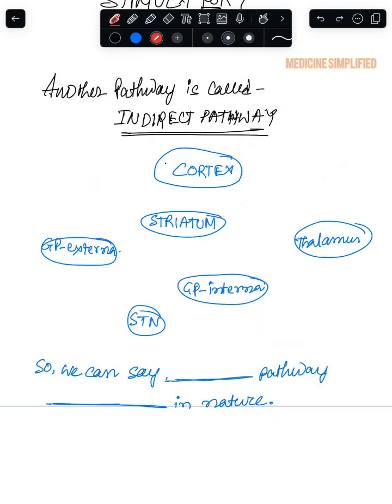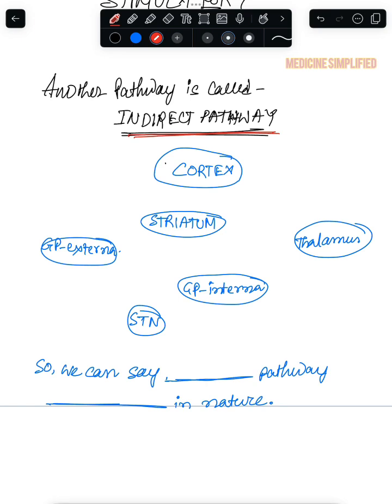Let's read another pathway, which is the indirect pathway. We have previously read about the direct pathway, which was stimulatory to the cortex, but here we will learn about the indirect pathway. So you are seeing the circuit for the indirect pathway. It's a little bit complicated, but bear with me, it will be very easy for you.